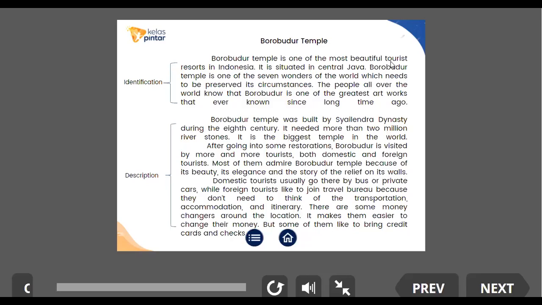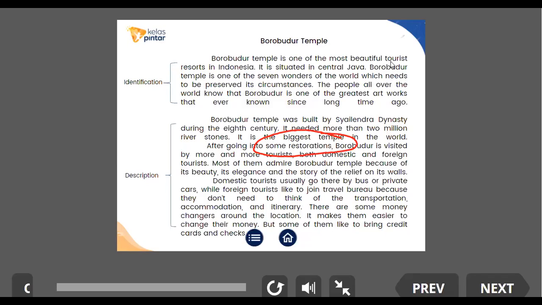From this text, we also know that Borobudur Temple was also restored a few times, ya, diperbaiki lagi, misalnya bangunannya, the structure of the building, and many others. Some restorations. Artinya Candi Borobudur itu direnovasi, diperbaiki beberapa kali.